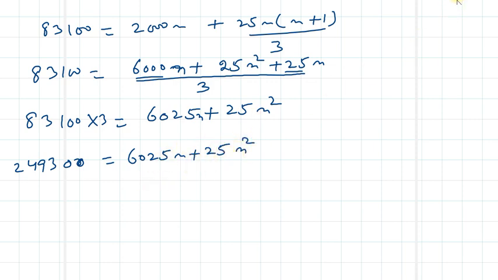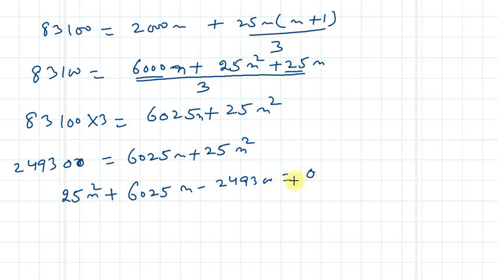So now this has become an equation like this: 25n square plus 6025n minus 249300 equal to 0. So we have to factorize it, right?